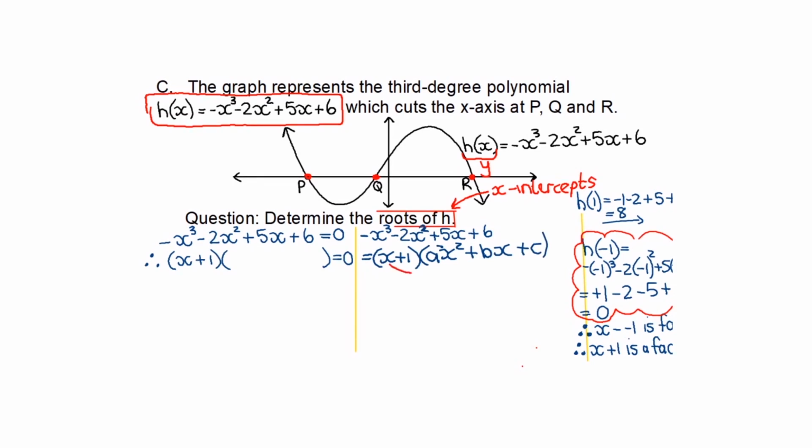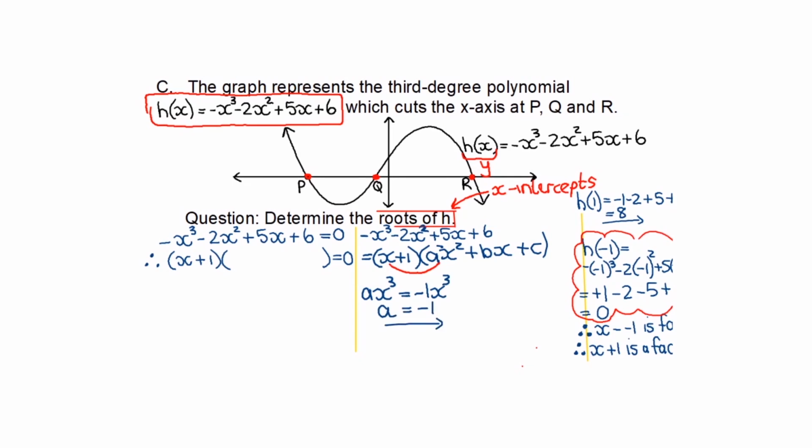And I need to find this a, b, and c. So what I know at this stage is if I multiply the x with the ax squared, that's the only way I'm going to get x cubed. In other words, ax cubed will be equal to what they have given me, negative 1x cubed. So I can conclude by saying a must be negative 1.